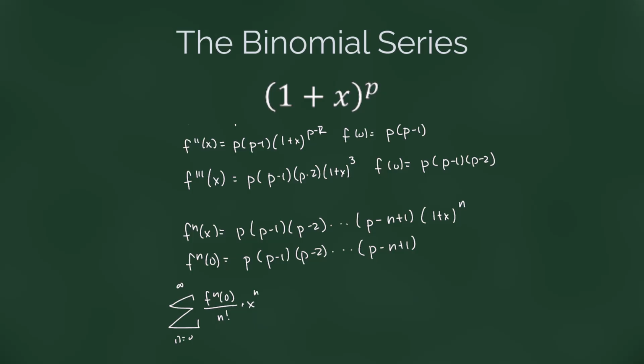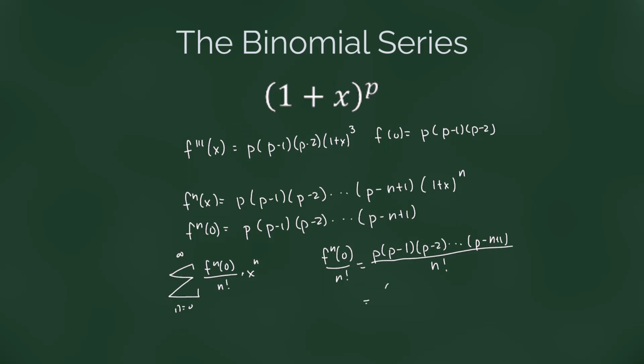But notice that f to the n of 0 over n factorial is going to be p times p minus 1 times p minus 2 all the way down to p minus n plus 1 all over n factorial, which is the very definition of p choose n.